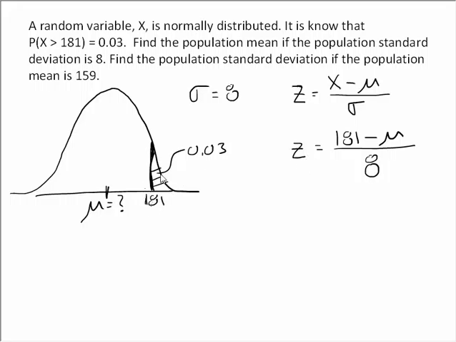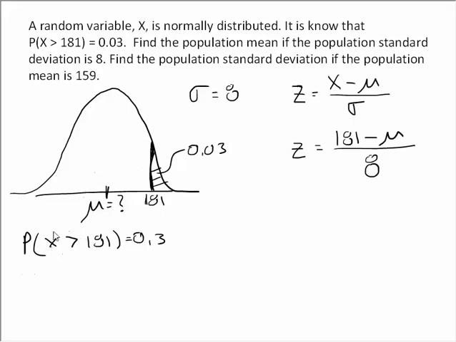Okay, so we know that the probability of x being greater than 181 is equal to 0.03. Well, this is one of those problems where I'm going to rely on symmetry. I know if this area is 0.03, this big area is 0.97.